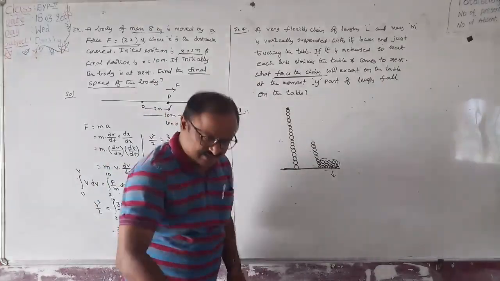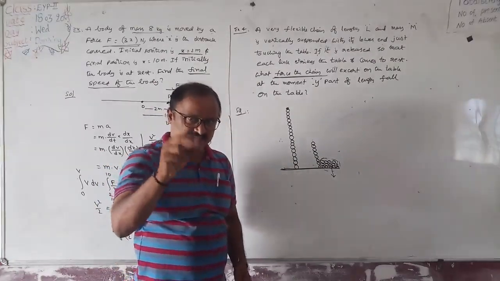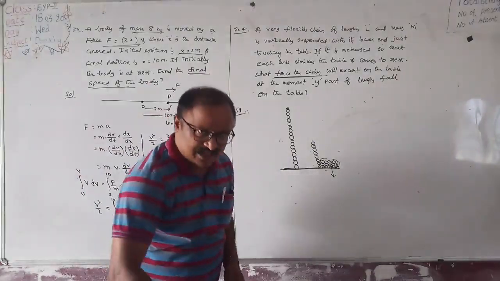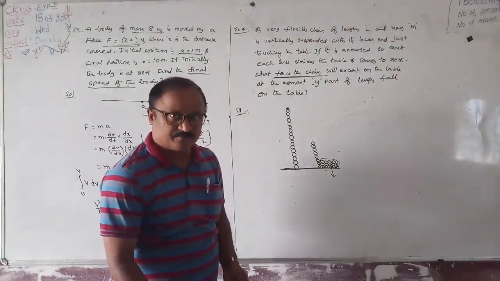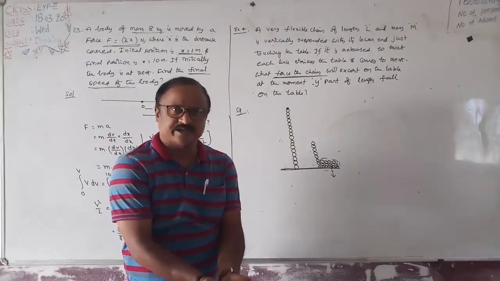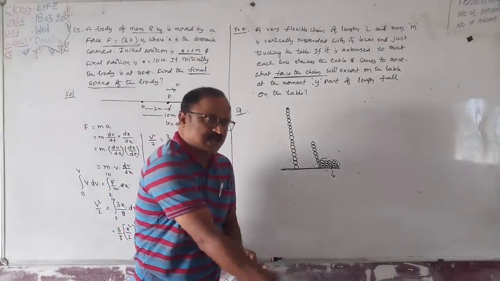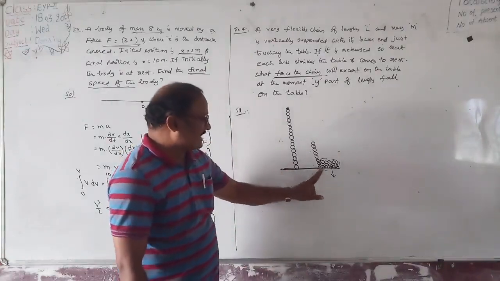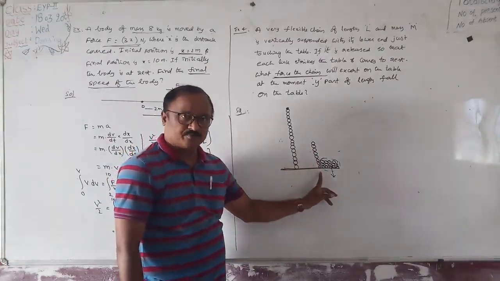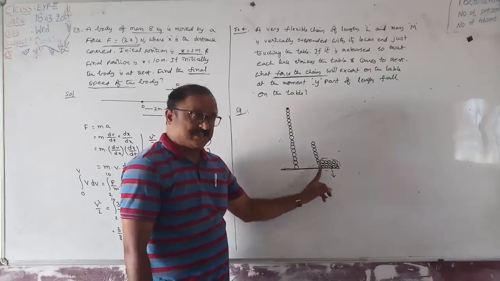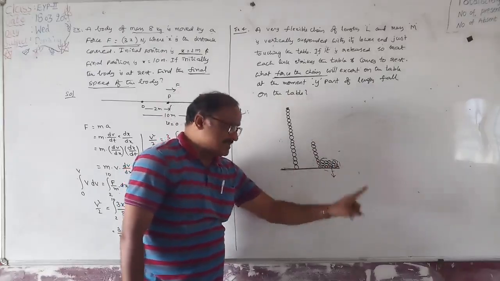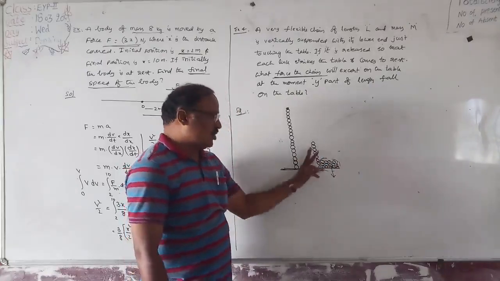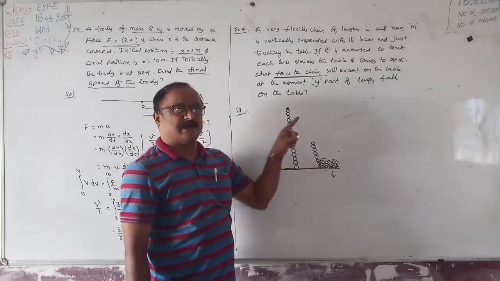Each link strikes the table with some velocity. That means due to its velocity, it will exert some force on the table. After that, it will come to rest. Its weight also exerts some force on the table. So therefore, net force acting on the table should be equivalent to weight of the chain on the table plus force due to transfer of momentum of each link.